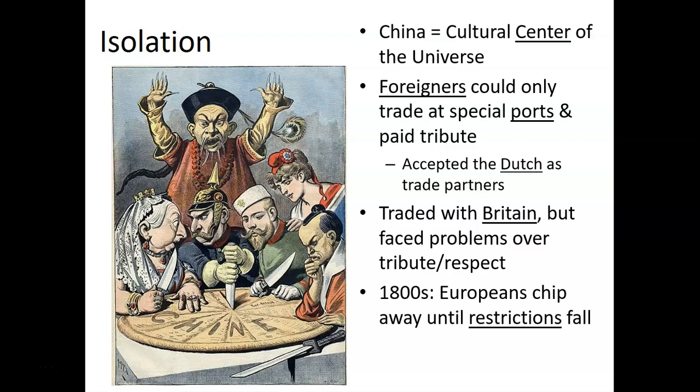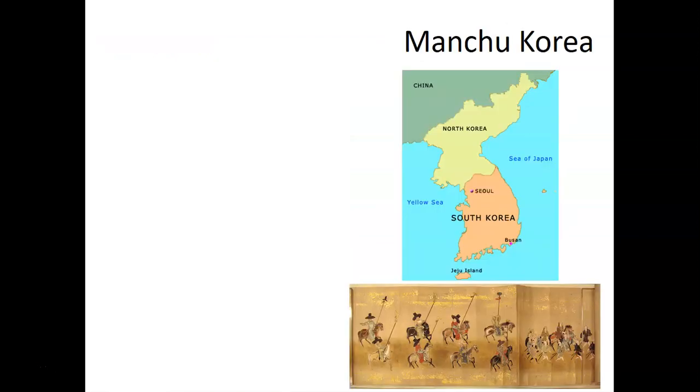But that's for another time and another lesson. But it does show that the Chinese are really starting to take a back seat to Europeans, and one of the reasons why they wanted to isolate themselves from them.